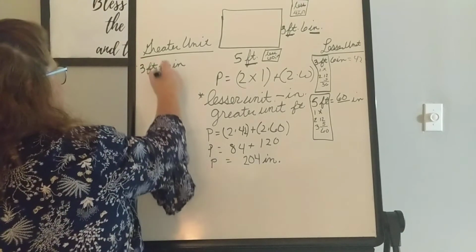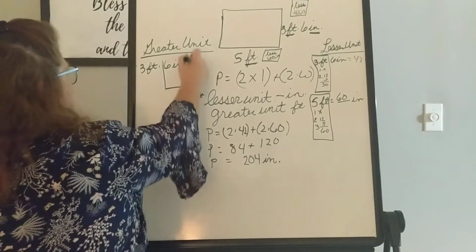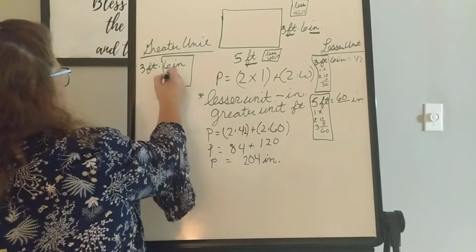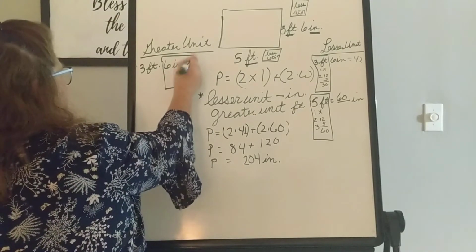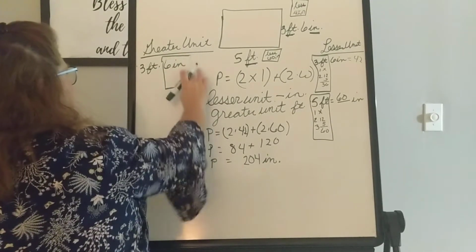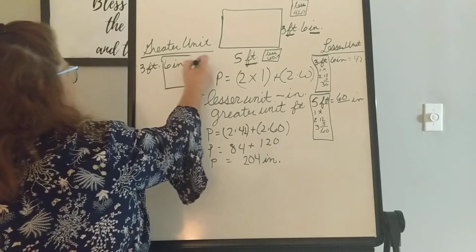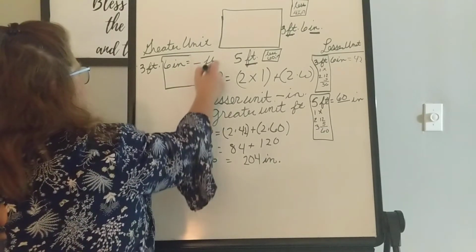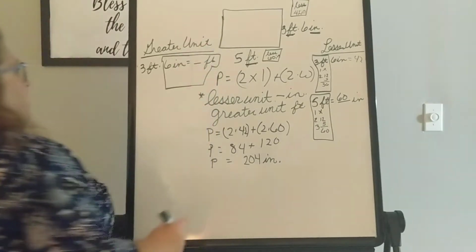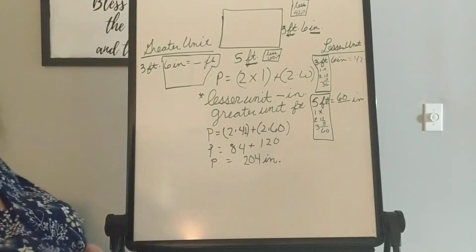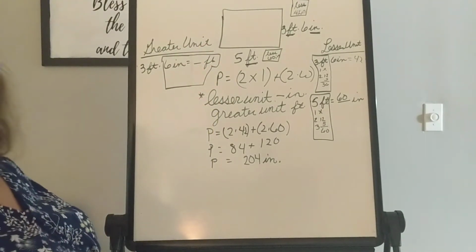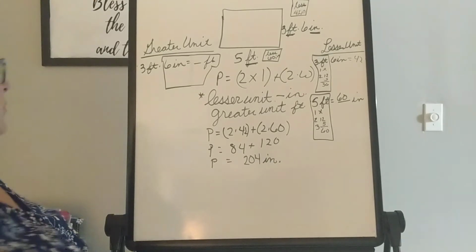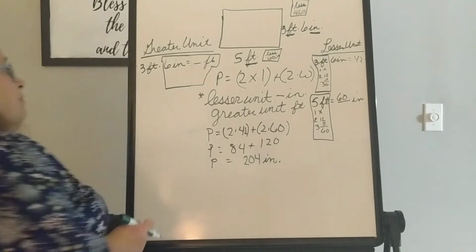Those inches are going to have to be converted to feet. So 6 inches equals, let me make my box a little bit bigger, equals blank feet. If we're going from inches to feet, then we are going smaller to larger, so we will divide this time.